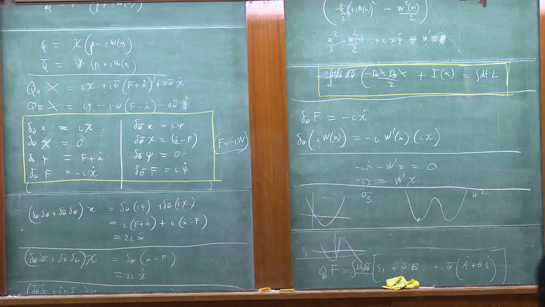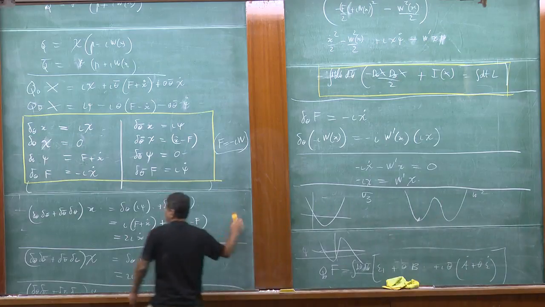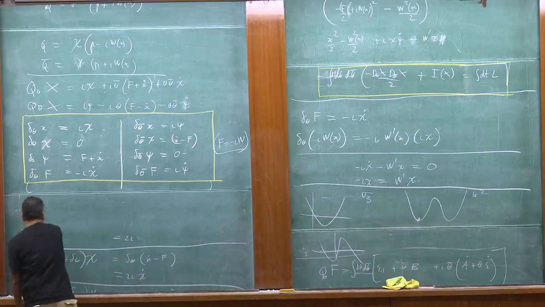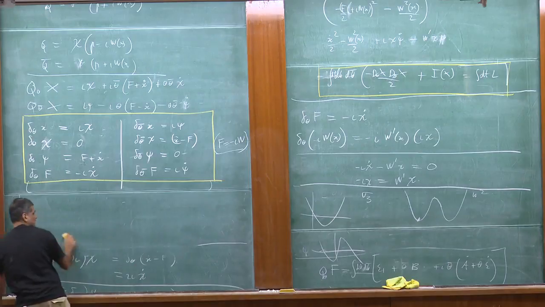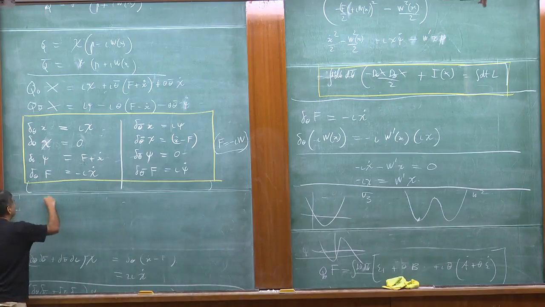Suppose now I have a theory where I have some fields x^i, not just one field, but many fields.